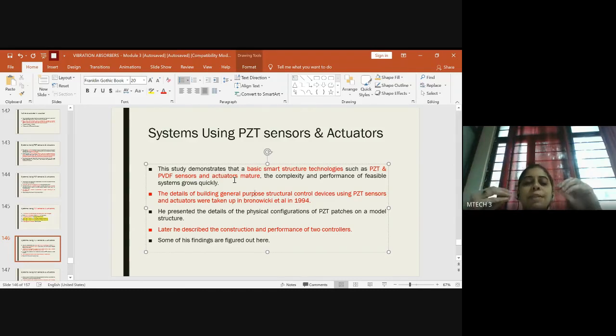Hence he told that for this it was successful, but in future if you want to implement this for smart structures on a large scale, then it still needs advanced types of sensors and actuators, wherein the complexity will be very high. To evaluate the performance, it is essential to upgrade the type of sensors being used. He concluded this in the 1990s, not now.